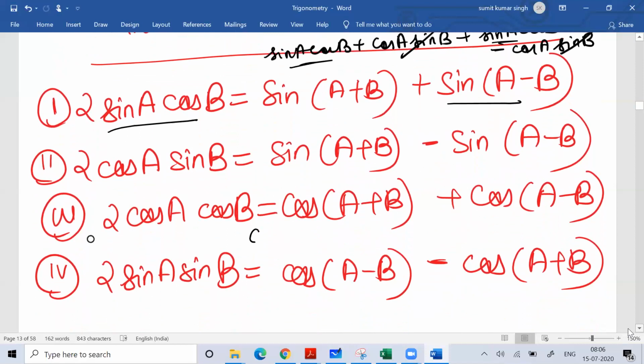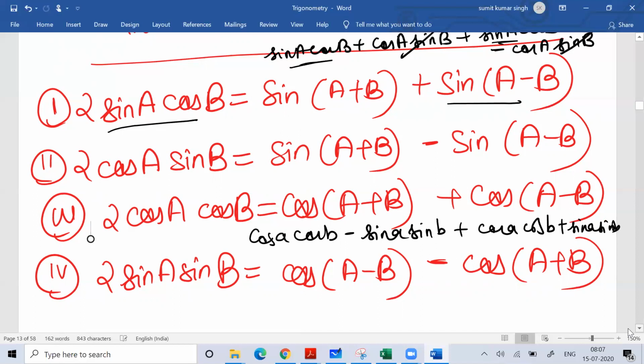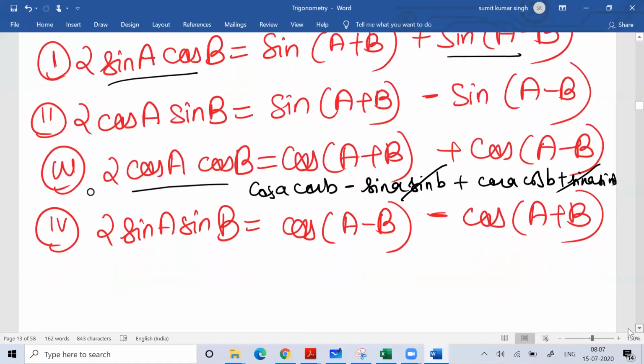Cos (A plus B) means cos A cos B minus sin A sin B, plus cos (A minus B), which means cos A cos B plus sin A sin B. So sin A sin B will get cancelled, and you get 2 cos A cos B. Similarly, 2 sin A sin B is cos (A minus B) minus cos (A plus B). So remember, 2 sin A sin B is cos (A minus B) minus cos (A plus B). In the same way, you can derive that.